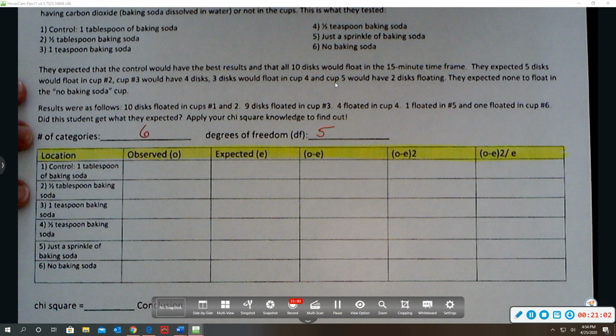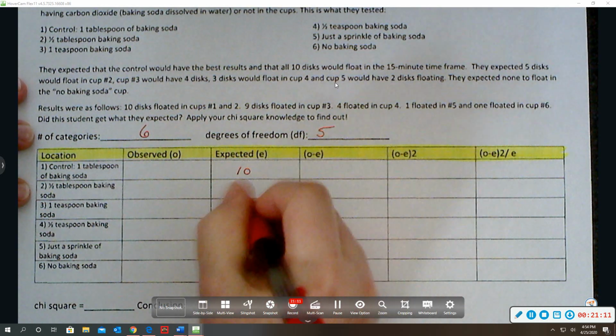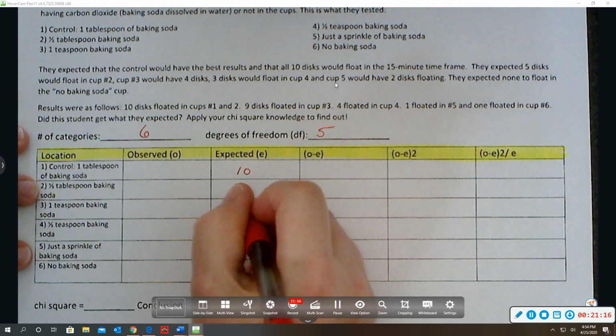Now, I'm not really sure of what they're thinking here to get their expected results, but that's what we're going to record in the expected area, how many discs they expect to be floating after the time frame.